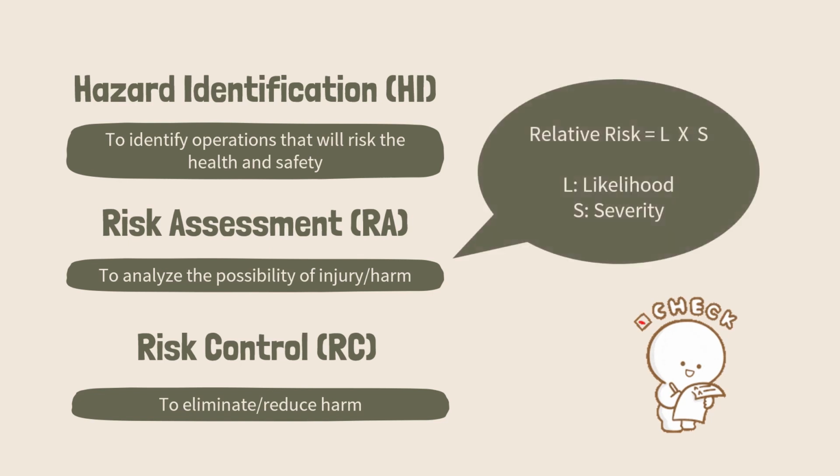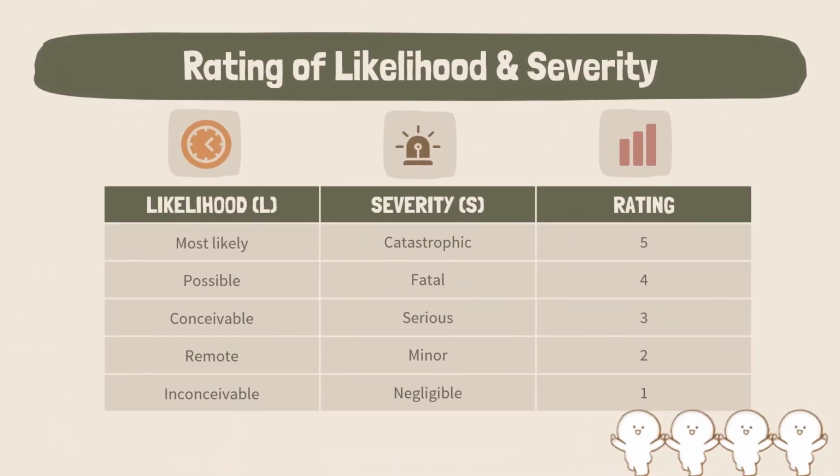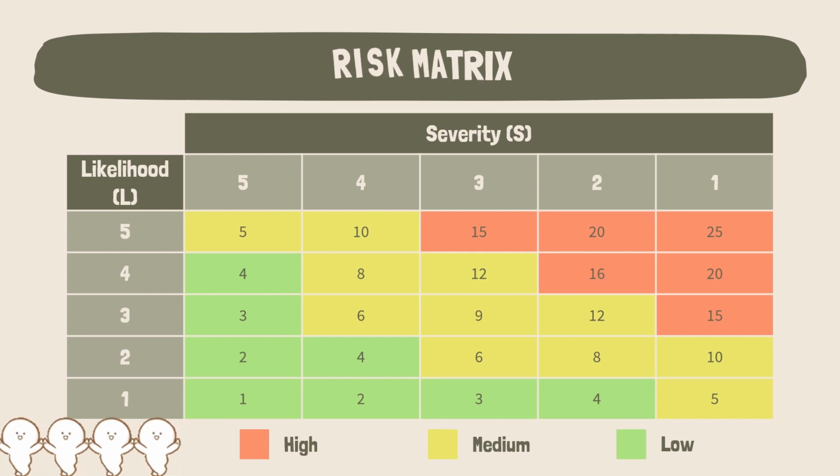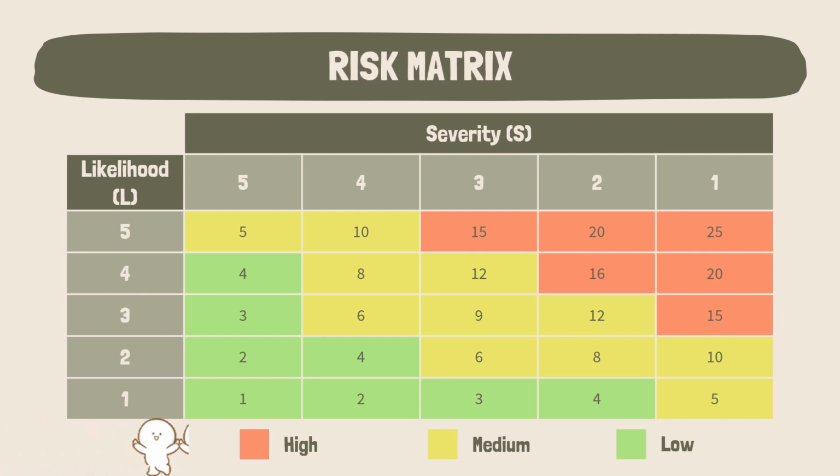For risk assessment, we can calculate relative risk using this formula, where L is likelihood and S is severity. We can rate likelihood and severity according to this table. By using this table, we can determine the risk level easily.